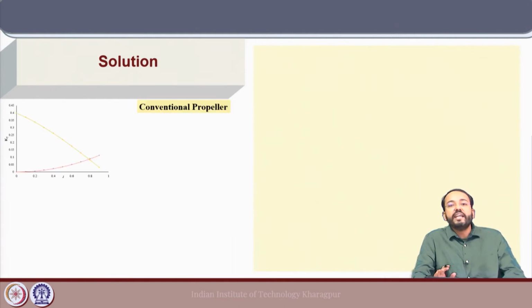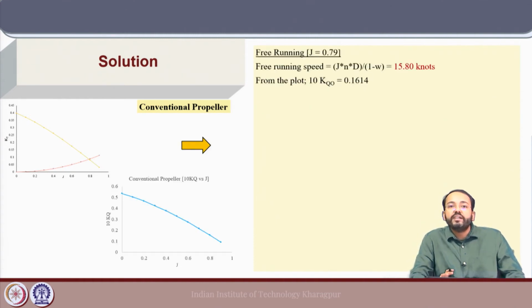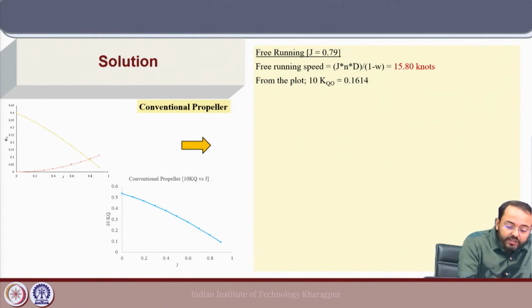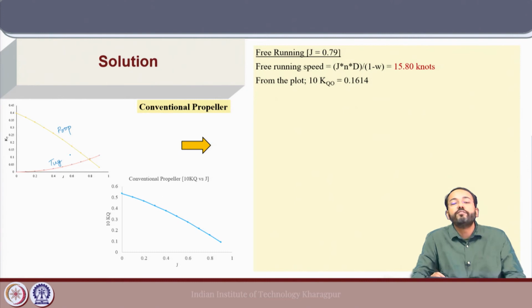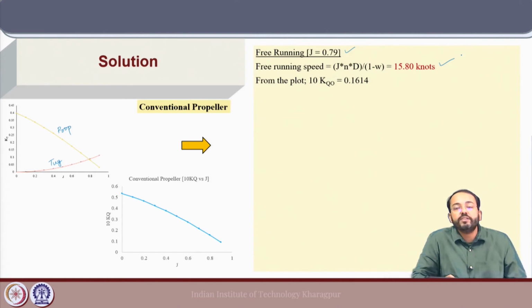Let us go into the next step, the solution for the conventional propeller. We have the two curves here, the KT from the propeller and the KT from the tug requirement, and for that intersection point the calculated value of J is 0.79, and if we know the value of J, the free running speed can be calculated using this expression where we know the propeller RPM, diameter and the wake fraction.